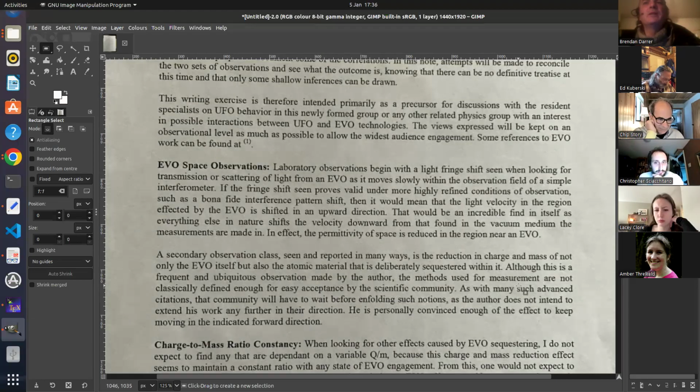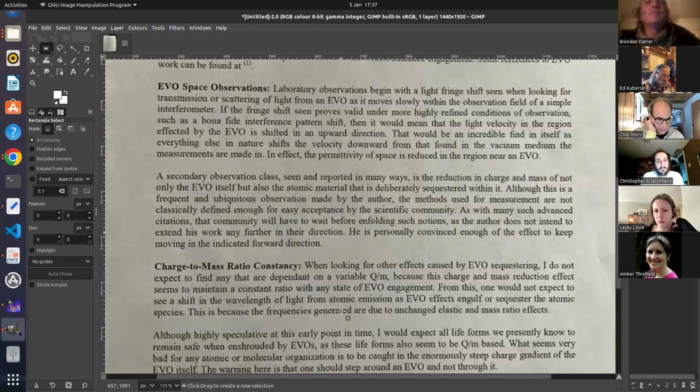As with many such advanced citations, that community will have to wait before unfolding such notions, as the author does not intend to extend his work any further in their direction. He is personally convinced enough of the effect to keep moving in the indicated forward direction.